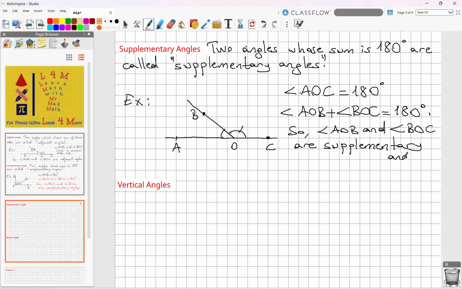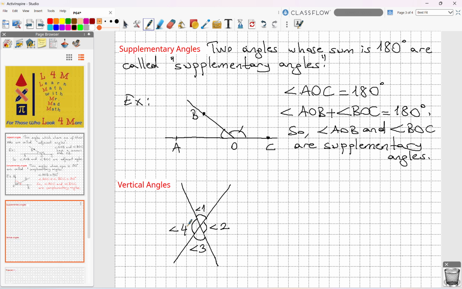What about vertical angles? When two lines intersect, we see that they make four angles. Let's say that this is angle number 1, angle number 2, angle number 3, and angle number 4.